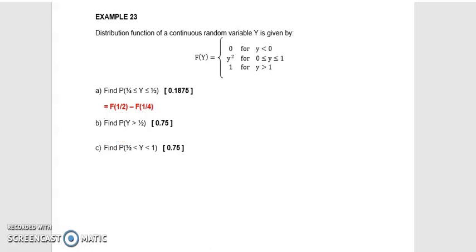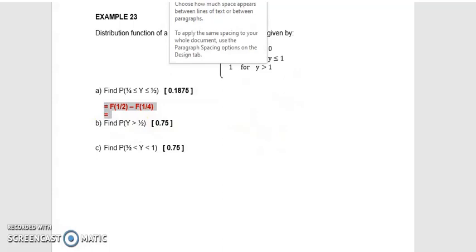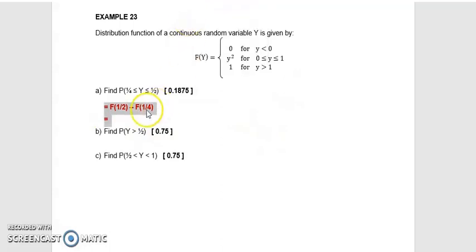How to substitute this? You take the function, which is y square, right? Substitute y equal to half and y equal to 1 over 4. So here will be half square minus 1 over 4 square.